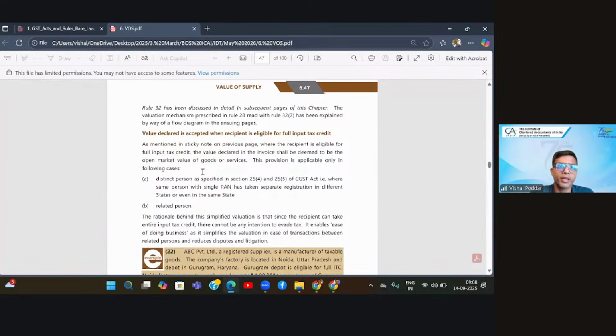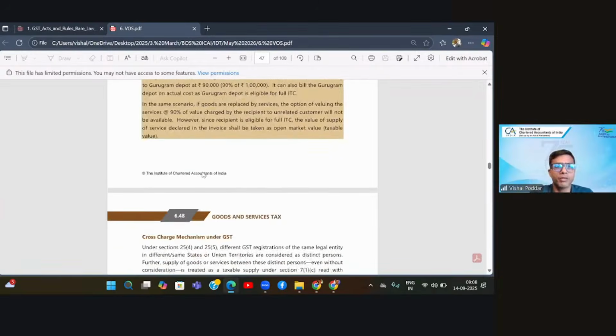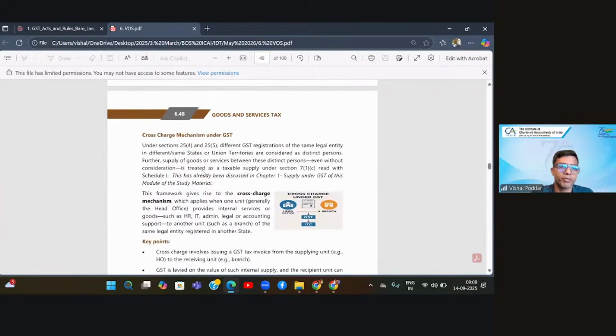Now, what are notified classes? The government may provide this benefit to banks, to such entities where there are multiple branches and there is continuous give and take of services. So that is where they will come up with this particular type of relaxation.